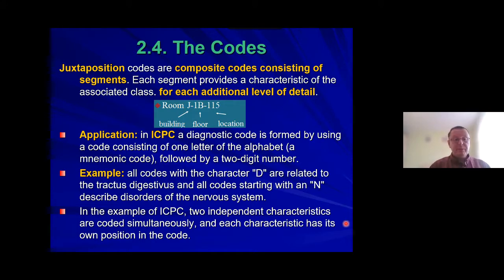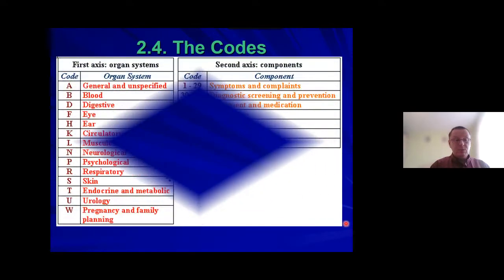Again, for practical application, if we talk about medical coding, it will be ICPC, the International Classification of Primary Care, which I already mentioned. It is a diagnostic code formed by a letter of the alphabet, a mnemonic code, followed by a 2-digit number. We have examples where a code starting with D relates to the tractus digestivus, and a code starting with N describes disorders of the nervous system in ICPC. And it will look like here.